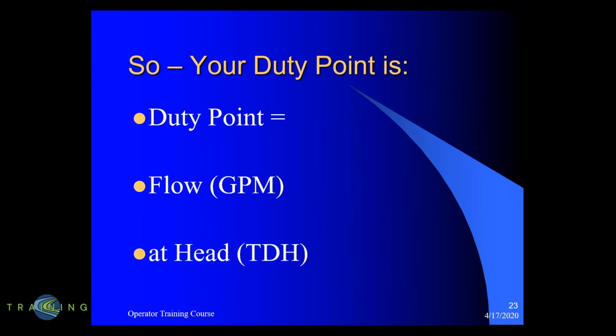As we've talked, your duty point equals your flow in gallons per minute at a head in feet, which is your total dynamic head. So you're going gallons per minute and total dynamic head, and that's what you'll see on these applications and on the tags of the pumps.